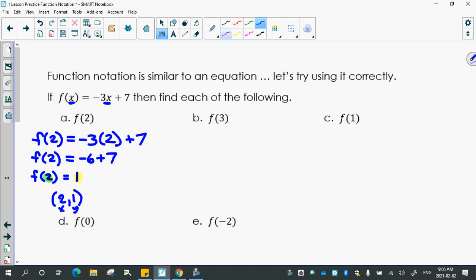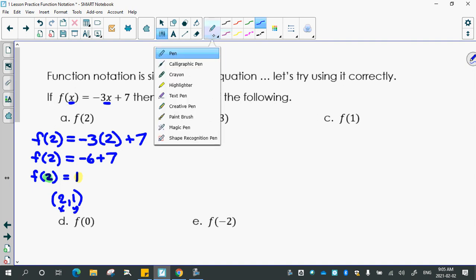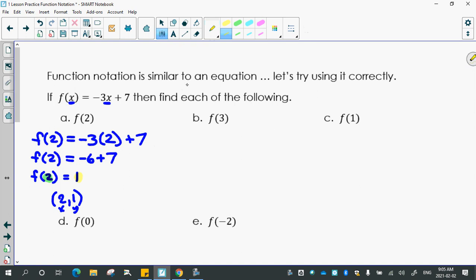My input is 2, and then I do the work and get my output, which is 1. So x represents input, y represents output. If I were to graph this line, the point (2, 1) would be on the line.